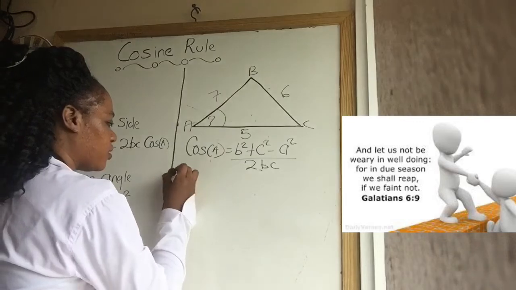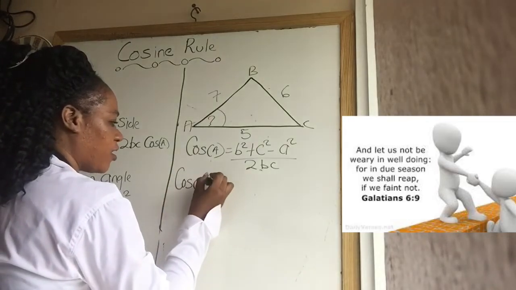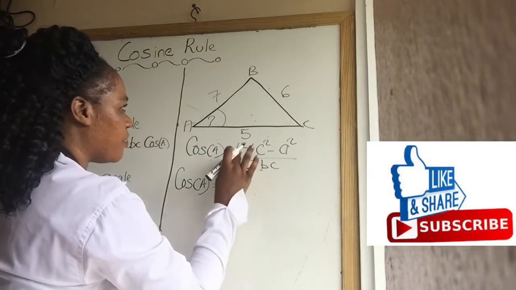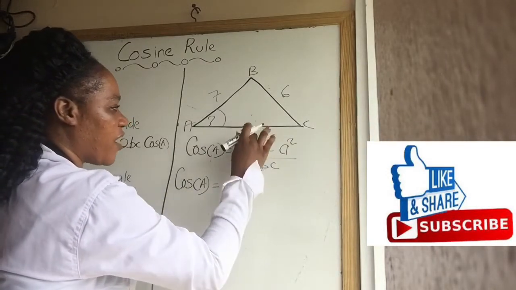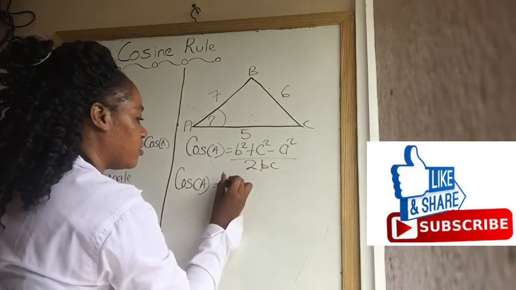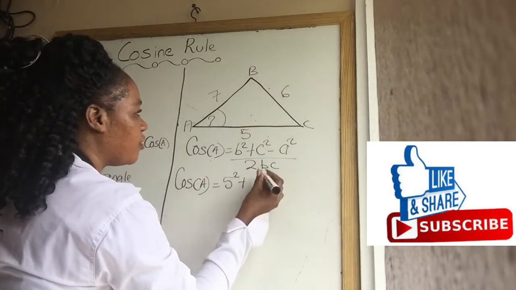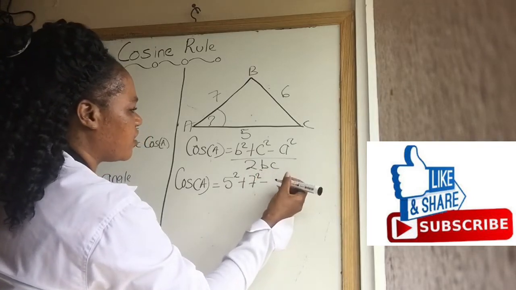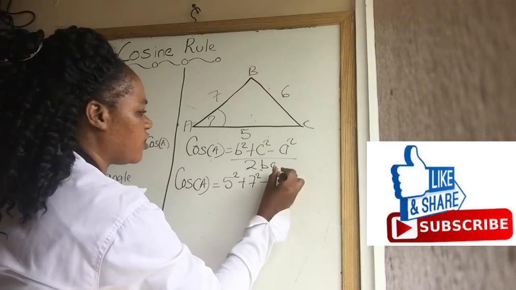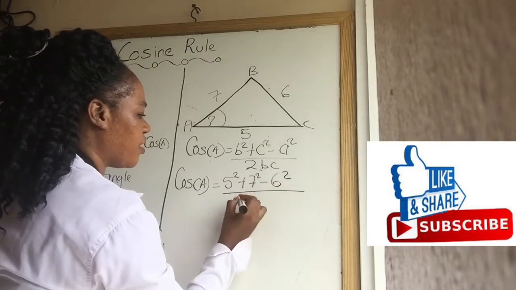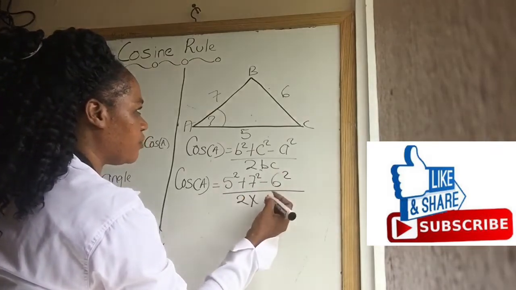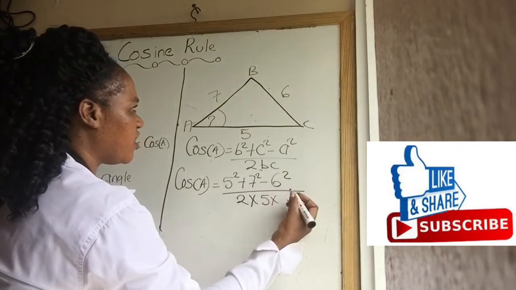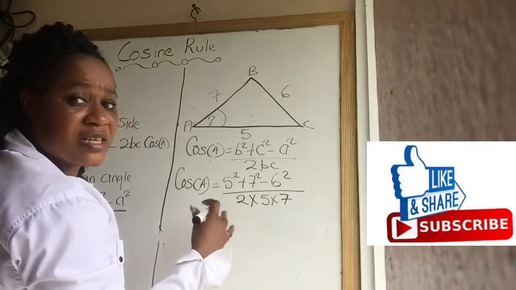So cos A is equal to 5 squared plus 7 squared, minus a, which is 6 squared, divided by 2 times b, which is 5, times c, which is 7. We can clean this up.